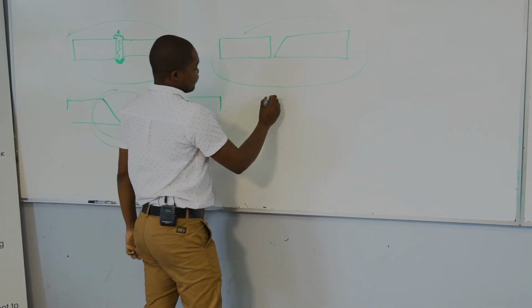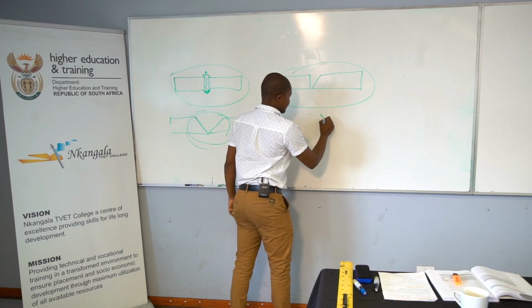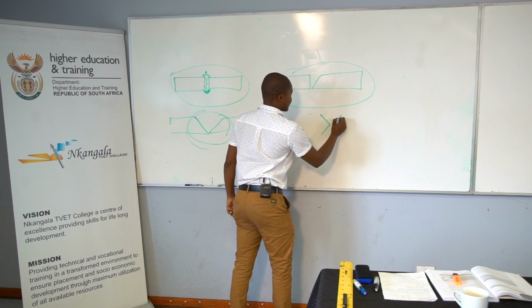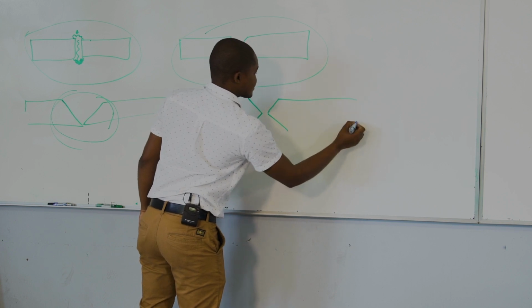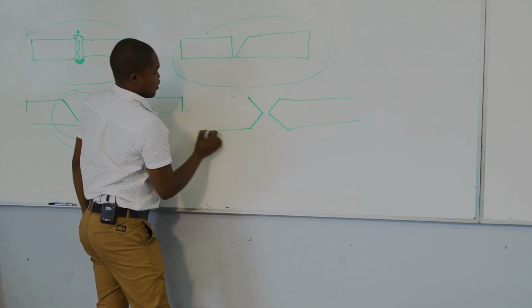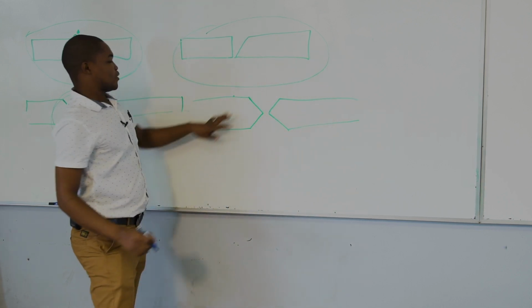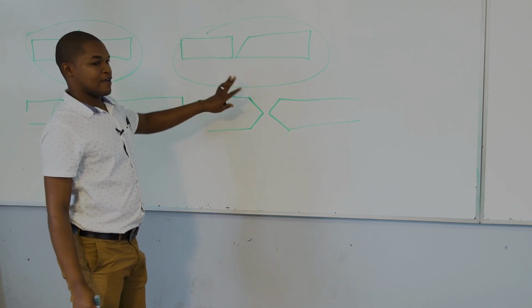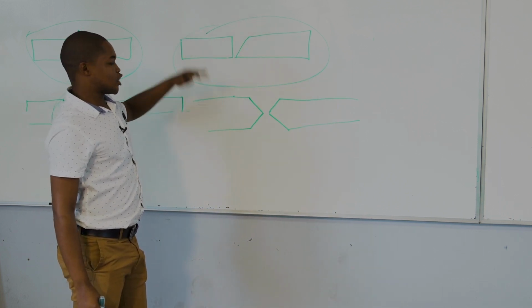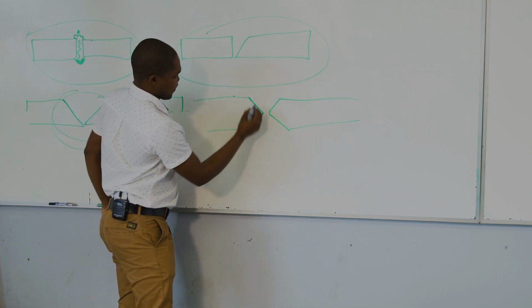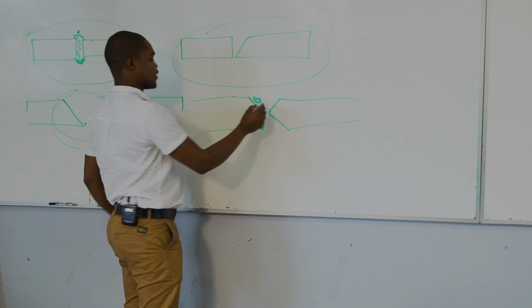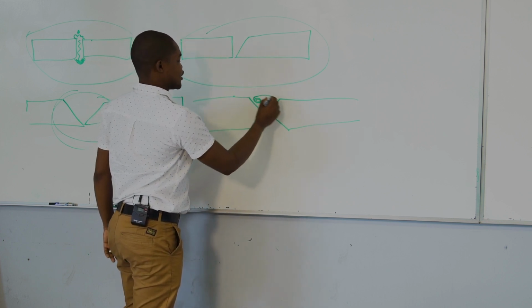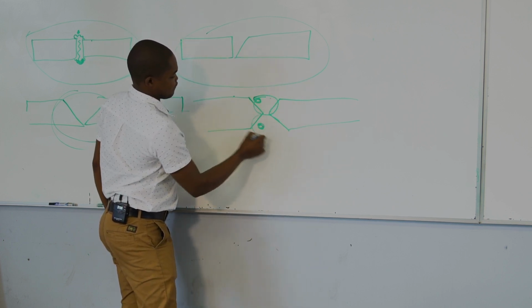And now we've got the double V. Why do we call it the double V? It's because both the workpieces are being beveled on both sides, the top part and the bottom part. When you look at them, this is a V shape here, and this is another V shape.